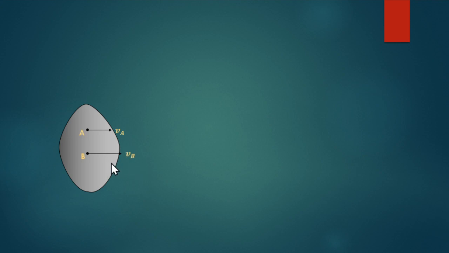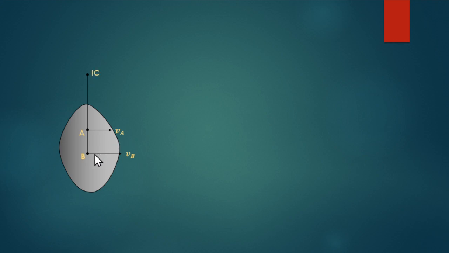So from our trigonometry, we can use ratio and proportion. Again, in locating the IC, your line of action must be perpendicular to the velocity or the magnitude of point B and the magnitude of point A. So velocity B and velocity A.